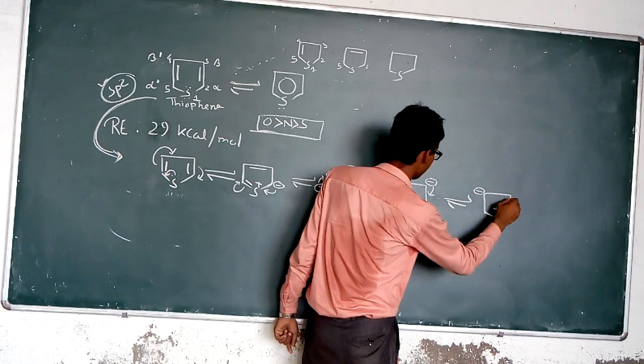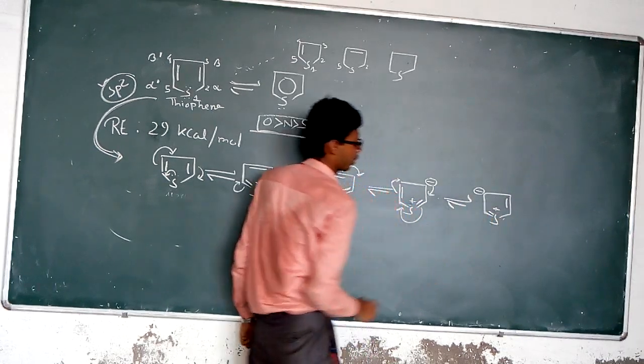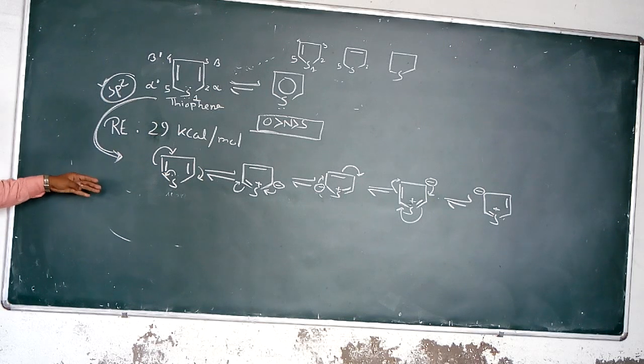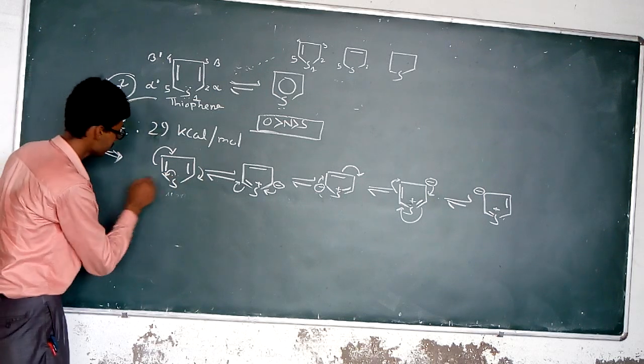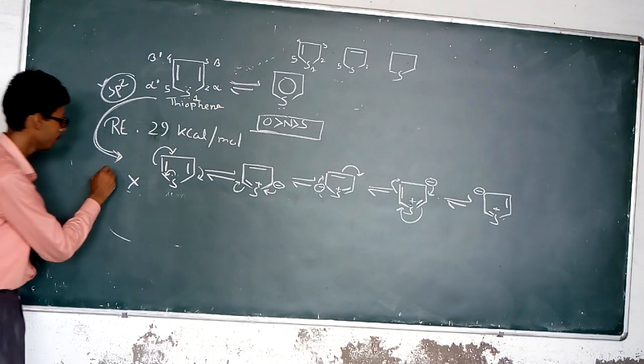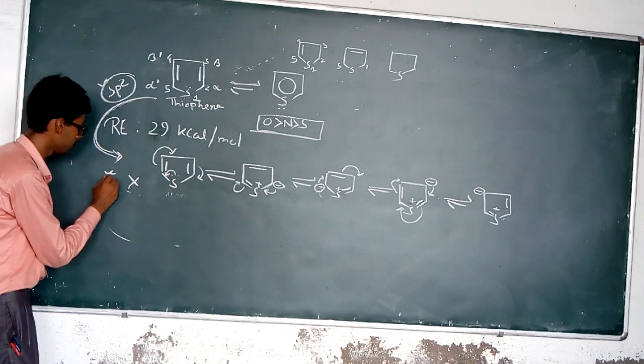Here is the negative charge, it forms a bond, and this bond shifts to that one. So if you see that resonance, if S is considered as X, it is applicable for both furan and pyrrole.